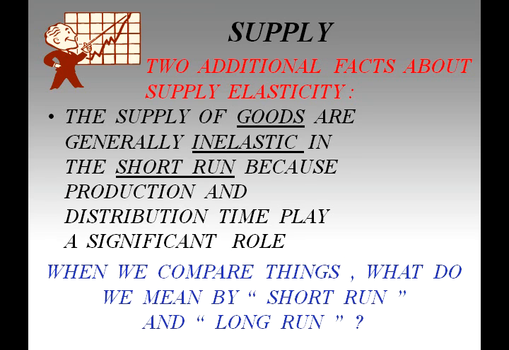So let me give you an example of this fact about goods being inelastic in the short run because of production, meaning the actual producing of the good or service, and distribution time. Let's say in a hypothetical example, we have a town in which there are two office supply stores, a Staples and an Office Max.